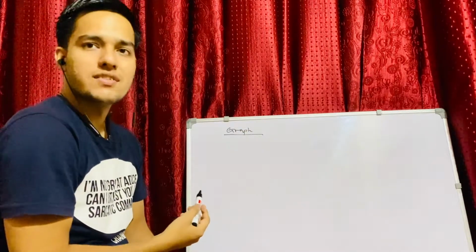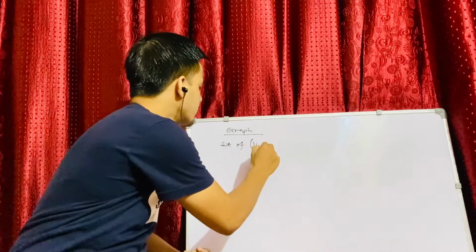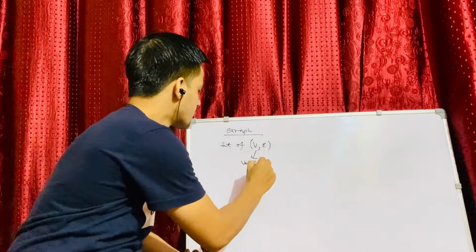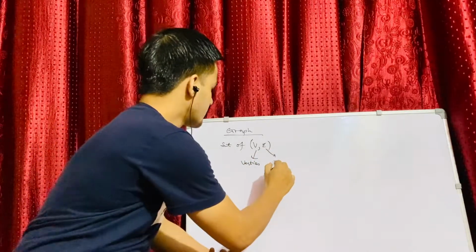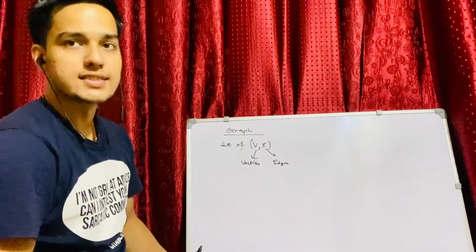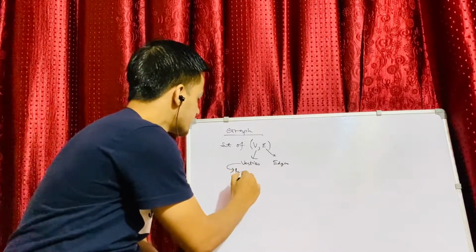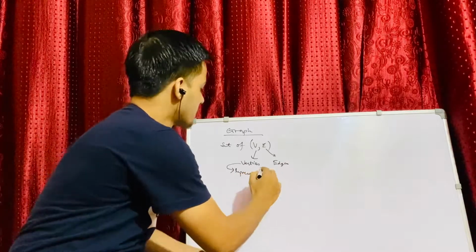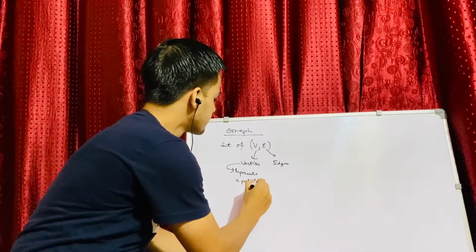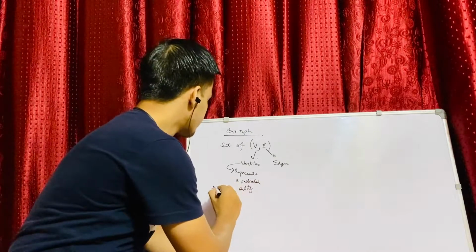A graph is nothing but a set (V, E), where V is my vertices and E is my edges. So what are vertices and edges? Vertices represent a particular entity or a real world entity.